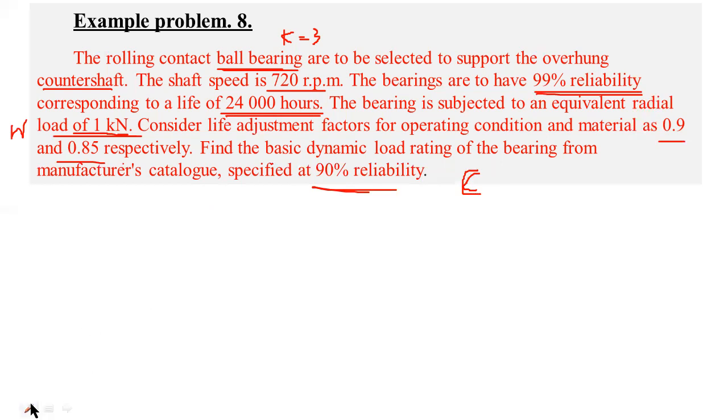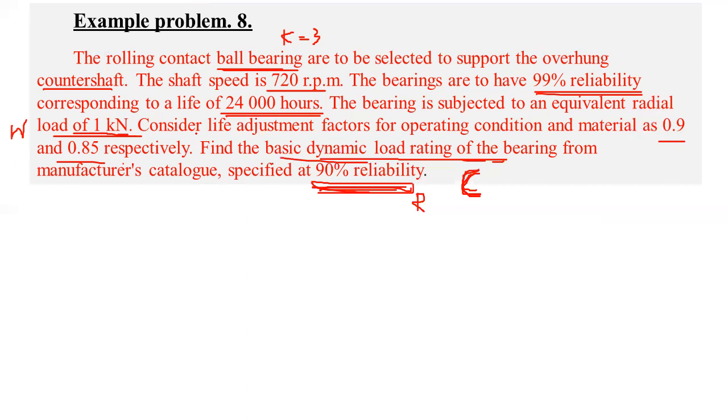We need to design a bearing for 90% reliability, so capital R is given, reliability R equal to 90%. By using these data we have to find the value of capital C, the basic dynamic load rating.